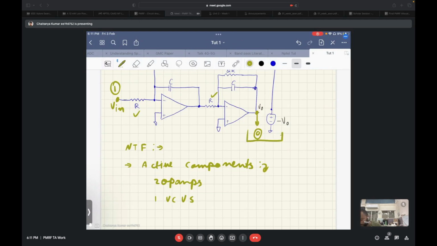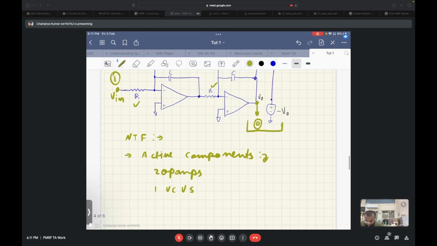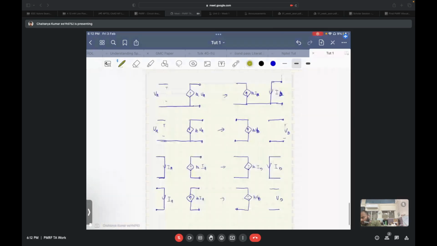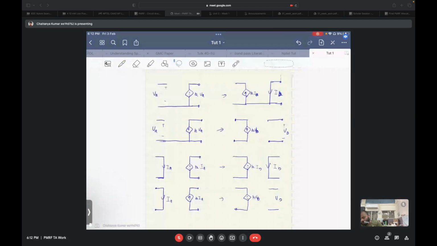So this is the voltage controlled voltage source. Due to the active components, we will have to use the inter-reciprocity theorem and not the reciprocity theorem on this network. So first of all, let's have a quick view on how we write the inter-reciprocal network.